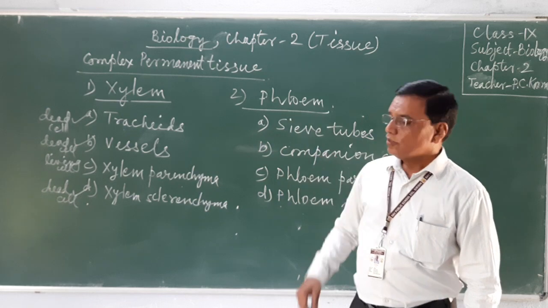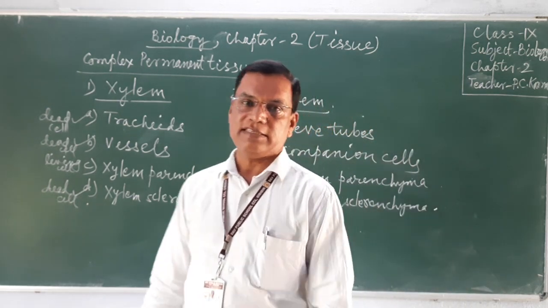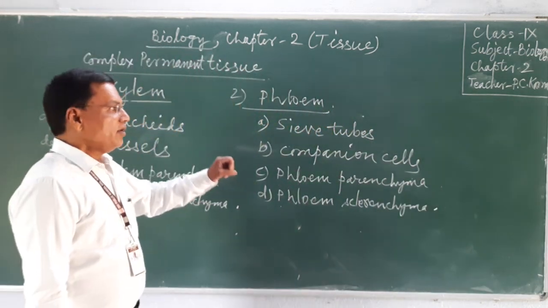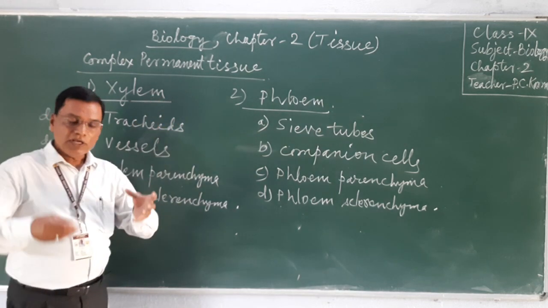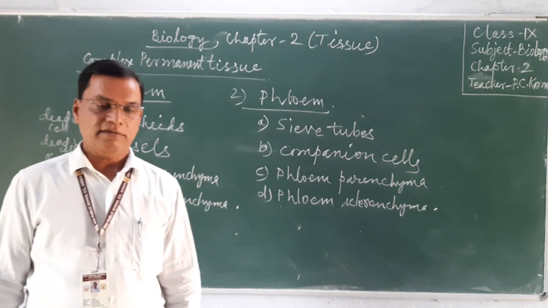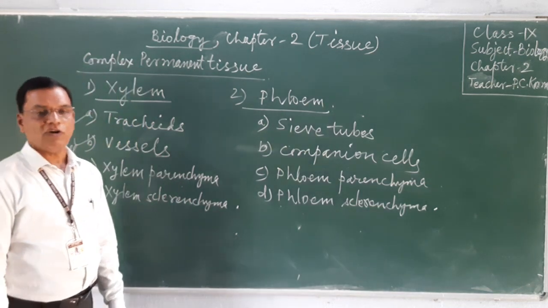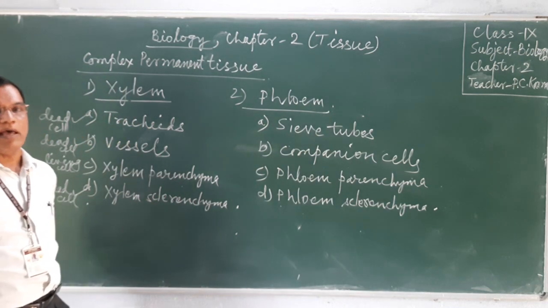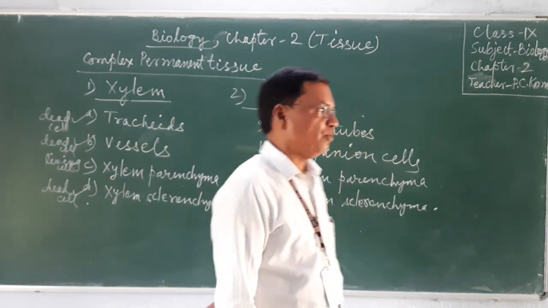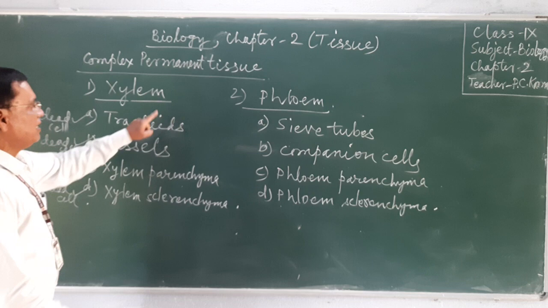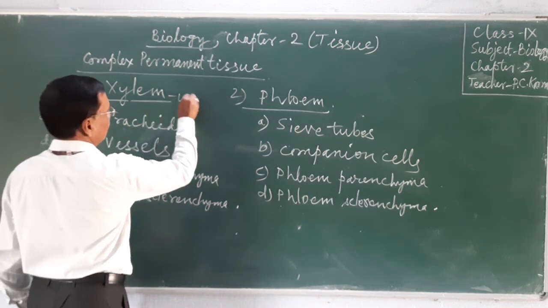Now, what is the function of this xylem? You must be knowing that xylem transports water. The transportation of water inside the plant body takes place with the help of this xylem tissue.